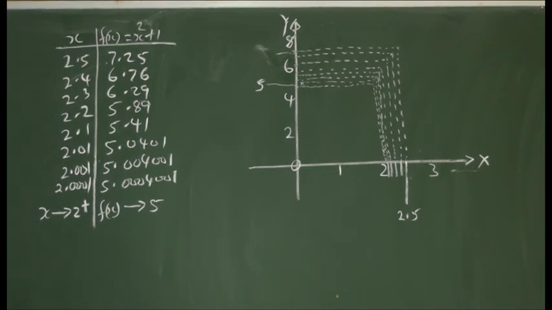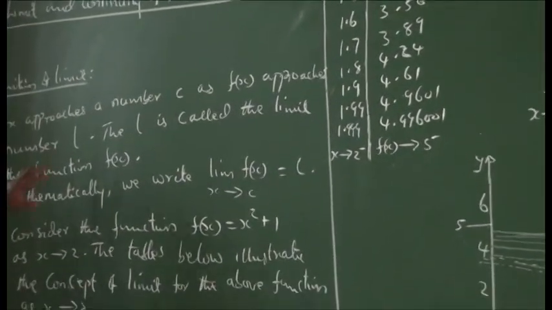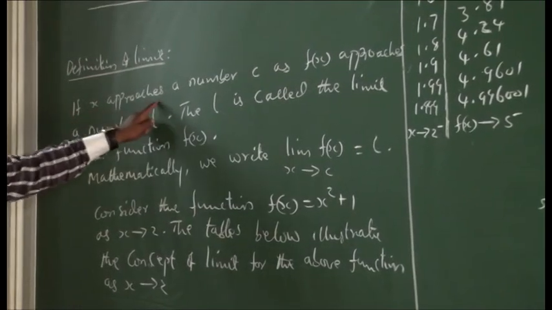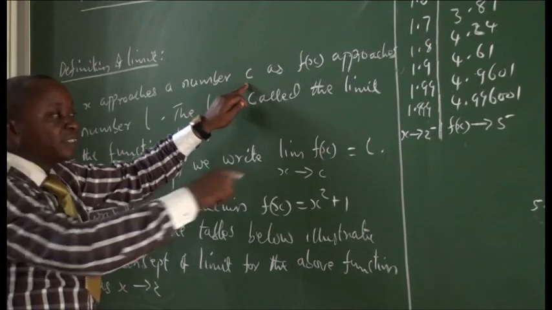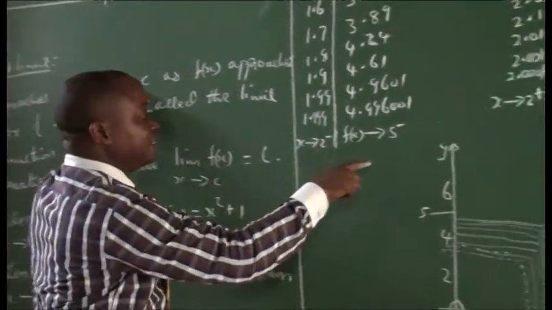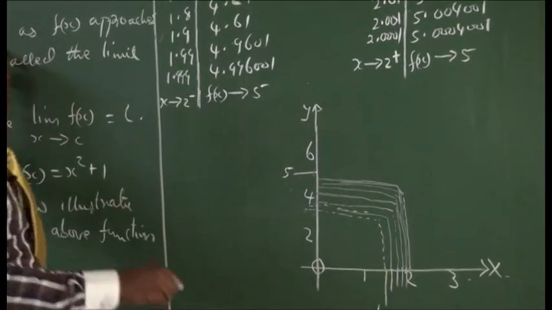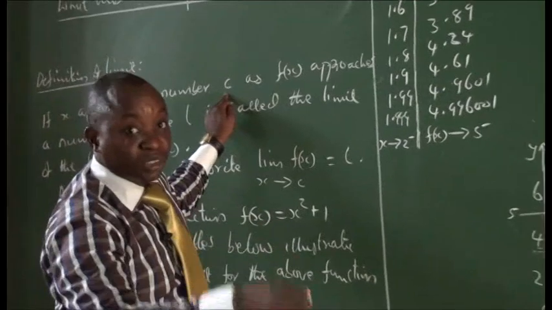Now, let us go back to the definition so that we will understand what it is talking about. If x approaches a number c, now in this context, c is 2. The c is a generalization because x can approach another number, it must not be 2.